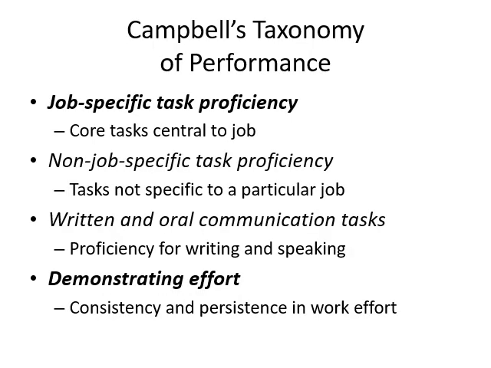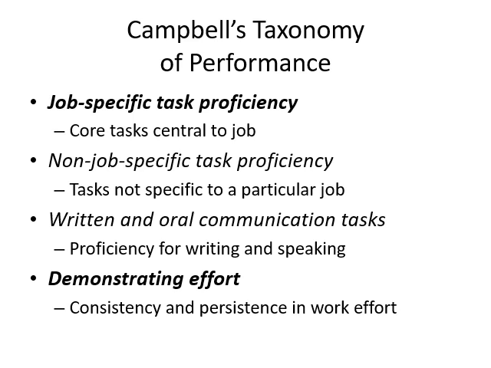So Campbell did create a taxonomy of performance, and this is a pretty good one to think about. And the idea here is that it's a list of potential conceptual criterion that you need to capture if you're trying to truly measure performance in a job. The bold items are ones that all jobs require. The non-bolded ones are jobs that may or may not need to be measured.